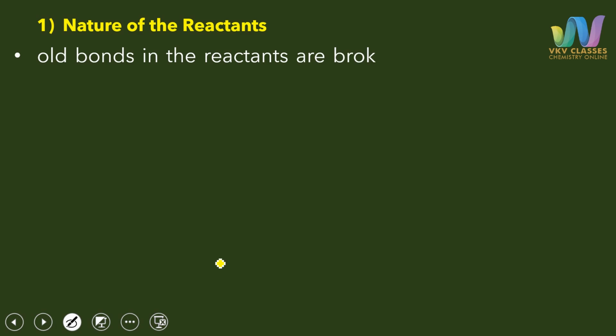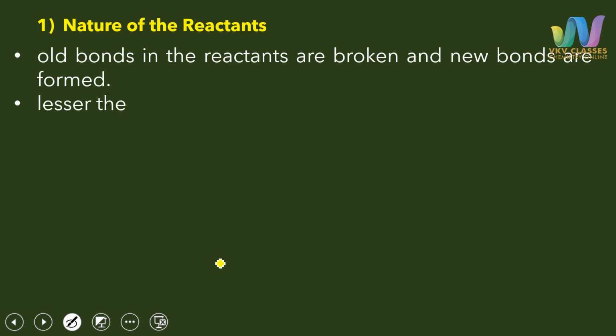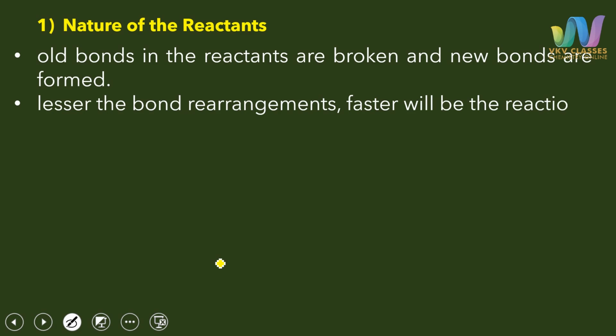The first one, nature of the reactants. During any chemical reaction, the old bonds that are present in the reactants are broken and new bonds are formed. And it is the energy that is required during these processes that decides the rate of reaction.